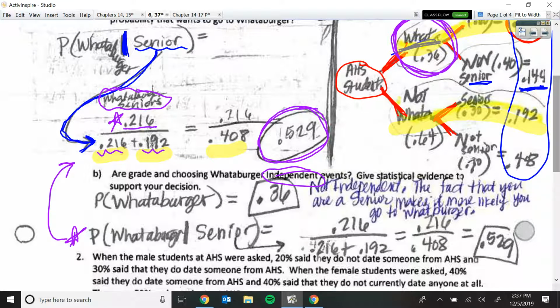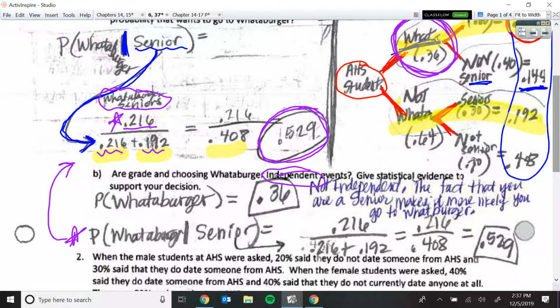So the fact that you're a senior does what? Increases the probability that you're going to go to Whataburger. So independent or not independent? Not. Okay. All right. Questions there.